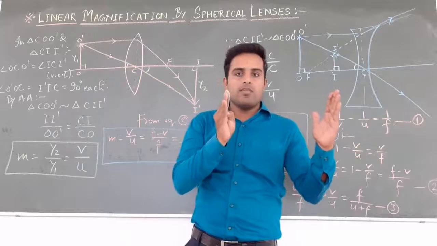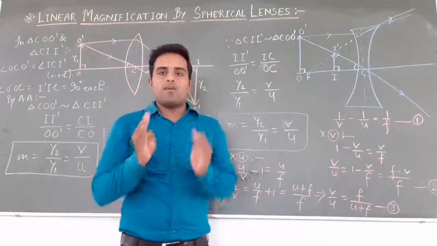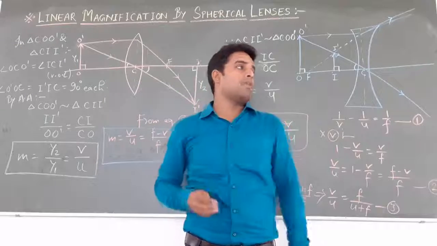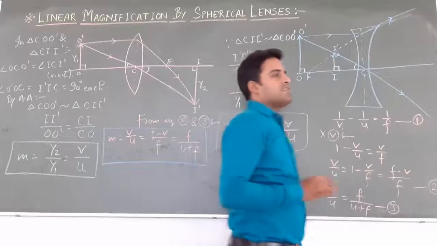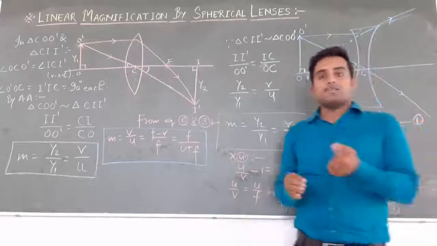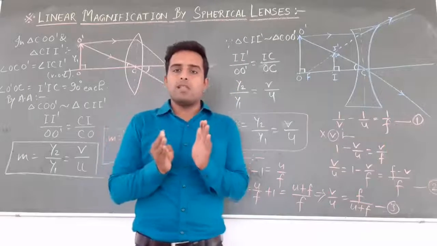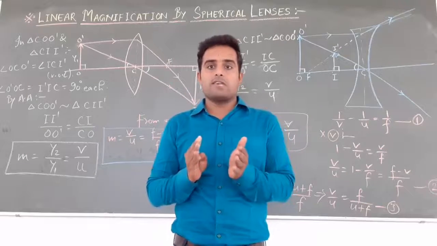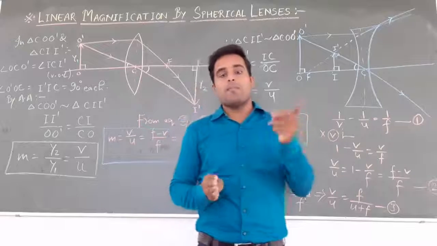So this focal length will be more, and in the earlier one the focal length was small. It means the first lens has more power and a small focal length. In the second case the power is less but the focal length becomes more.